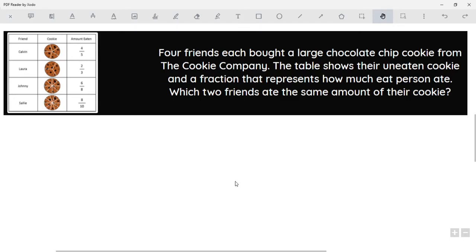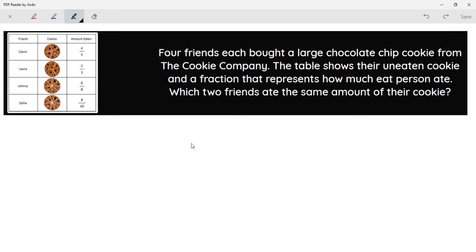Okay, today we are going to go over a fourth grade fraction problem. These are a problem just comparing fractions.